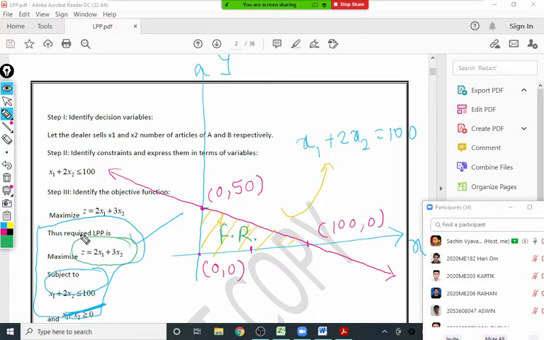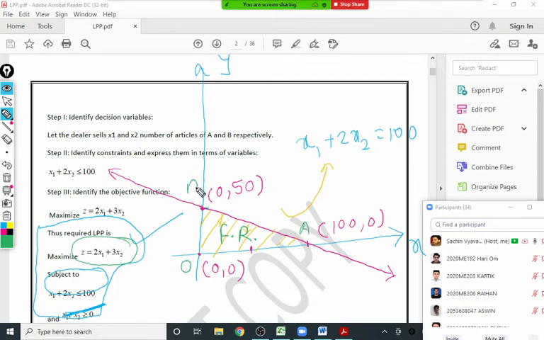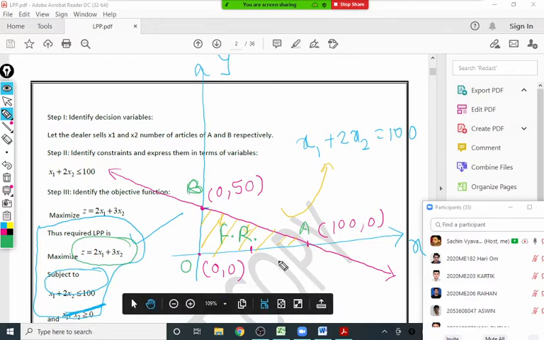So how many corner points do we get here? First of all, the origin, then point A (100, 0) and point B (0, 15). That theorem already says that the maximum or minimum value always occurs at one of the corner points. So the problem becomes simple now.